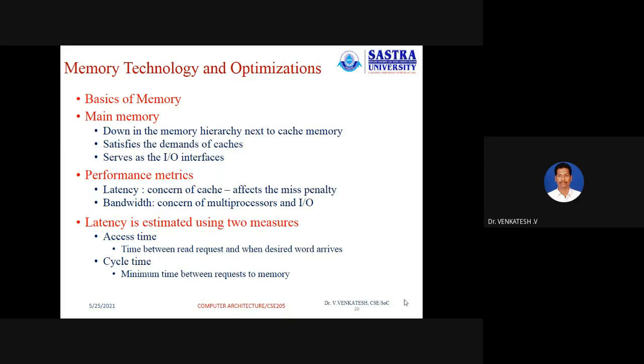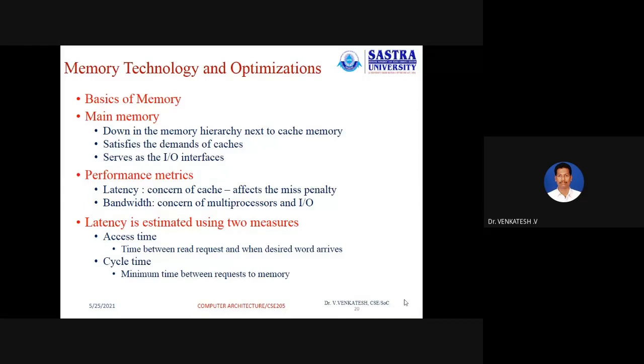Whenever we are talking about memory, we have to think about two important attributes, or otherwise two important metrics. One is called latency. So what is basically latency? Whenever we are concerned about the cache, it affects the miss penalty. What exactly does that mean? If the data is not available in the cache, we have to check in the memory and then get back the data.